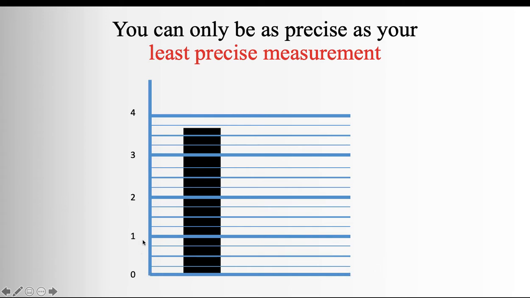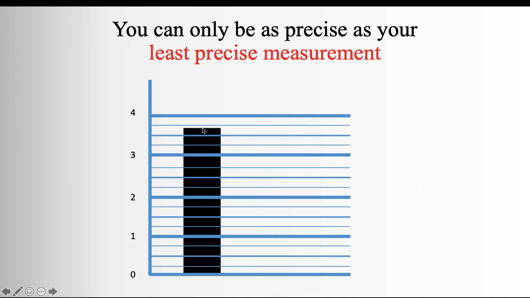So when my divisions here were 1, so 1, 1, 1, my precision wasn't very good. But then when I divided them a lot more, so into fourths, my precision got better. So the smaller the divisions of your scale, of your instrument, the better your measurement is going to be, the more precise it's going to be.